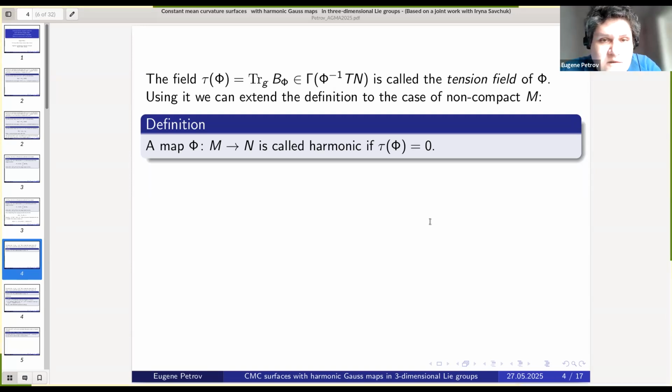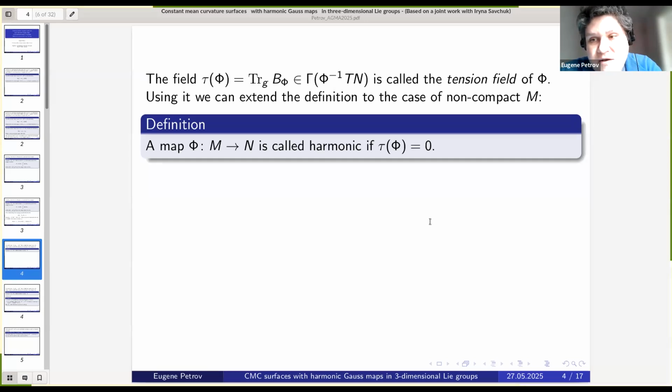And using this field, it's well defined, of course, also for non-compact M. So we can simply define the harmonic map if this field for this map equals zero.